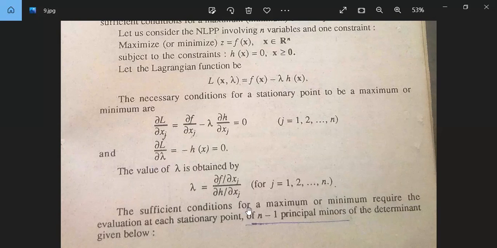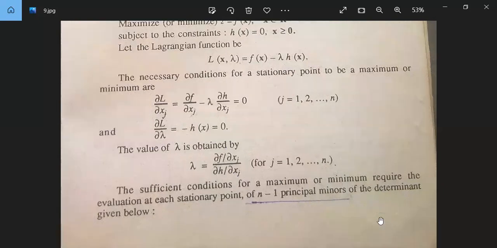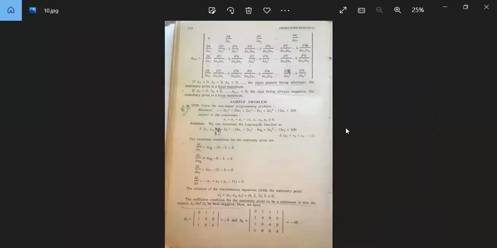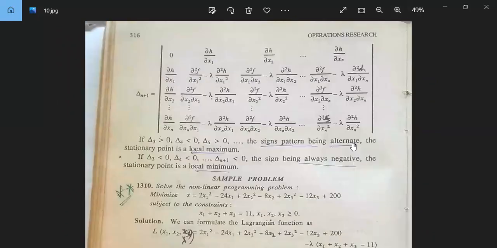The sufficient conditions for a maximum or minimum require the evaluation at each stationary point of n minus 1 principal minors of the determinant given below. आगे determinant दिया है, देखिए. This is your determinant delta n plus 1, this 0, del h by del x1, del h by del x2, and so on, del h by del xn.